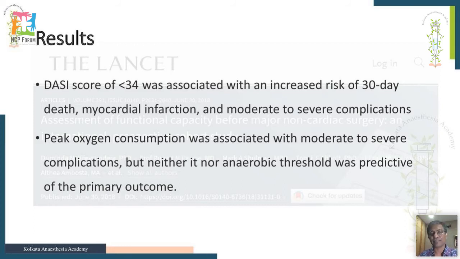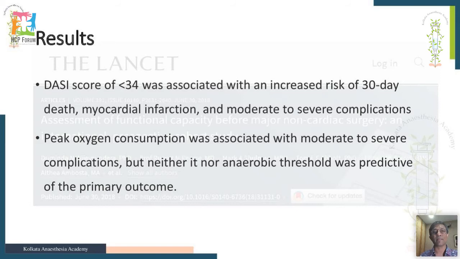What was very surprising from the METS 2018 study was that the elaborate CPET study, where they looked into peak oxygen consumption and anaerobic threshold, these were not associated with moderate to severe complications, and they could not be predictive of the primary outcome as well.